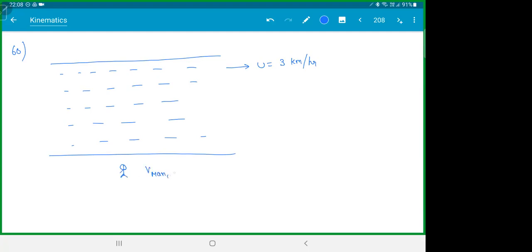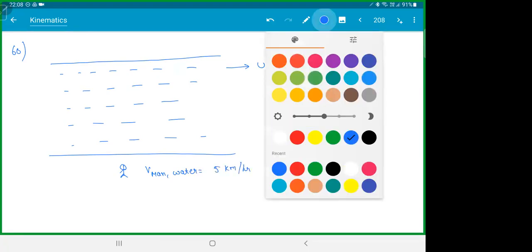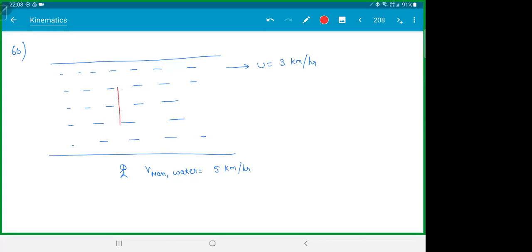Velocity of the man in still water is 5 kilometers per hour. So this guy decides to swim like this. A, B, C, and D, a square. This is a square of side 2 kilometers.